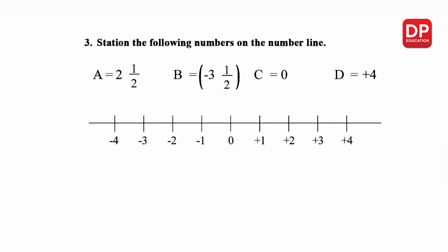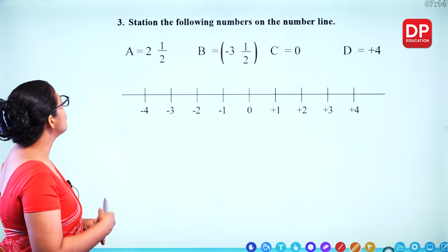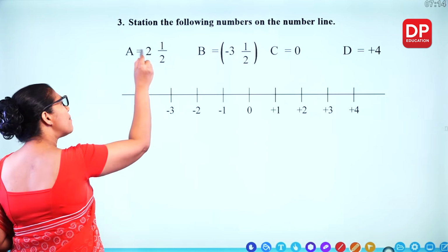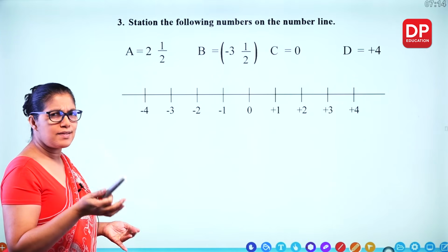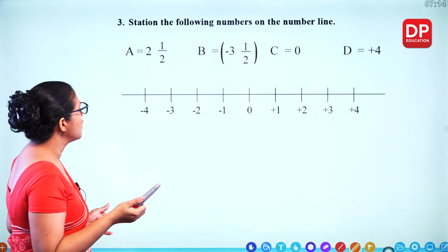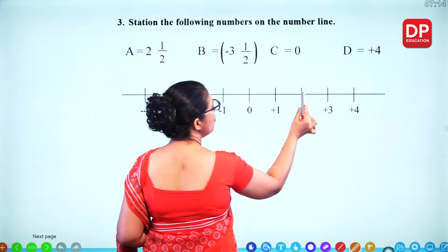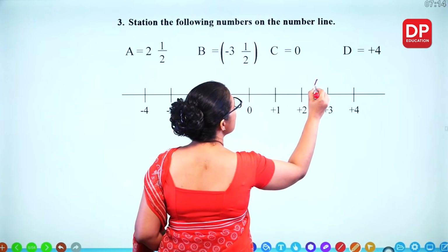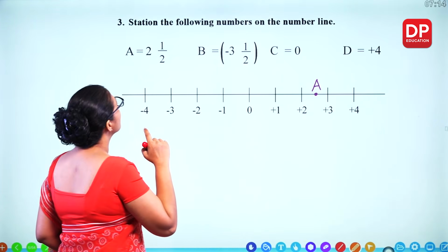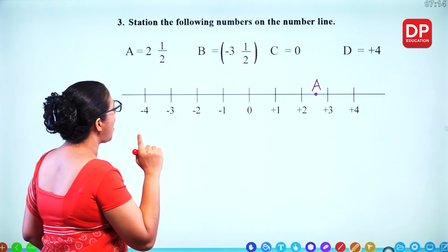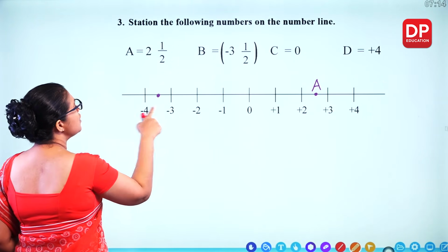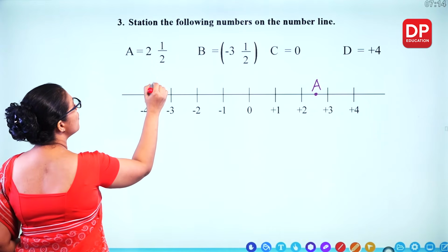Station the following numbers on the number line. A, 2.5. So plus, you don't need to give the plus sign. Nothing means you have to take that as plus 2.5. 2.5 means midway of 2 and 3. That's A. B, -3.5. -3.5 is in between -3 and -4.